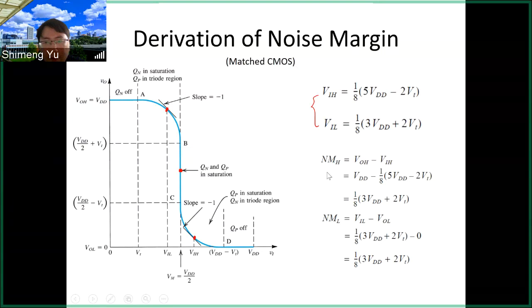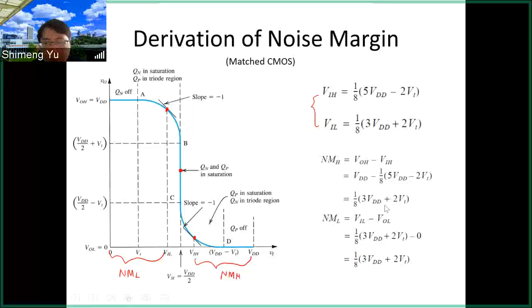And again, for the noise margin high and noise margin low: noise margin high is this range. This is noise margin high, and this is noise margin low. You use the VDD minus the VIH, so you will get the noise margin high. Then after you do that, you get this one.